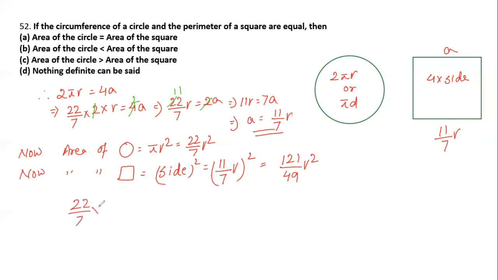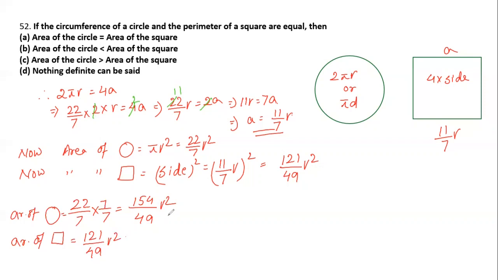We will do the same. Now 22/7 multiplied by 7/7. So you will get 154/49. This is the area of the circle, and the area of the square is 121/49 r square.